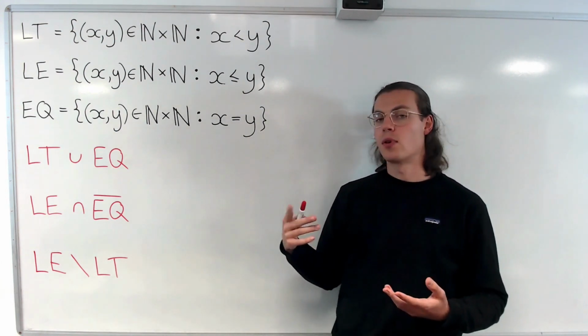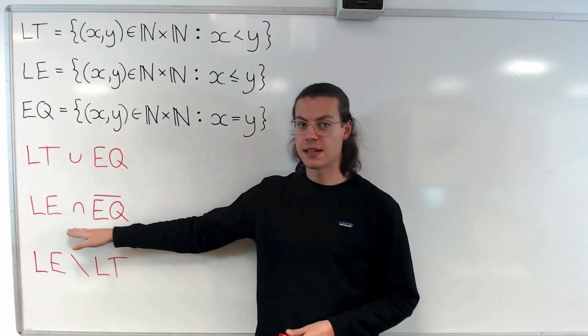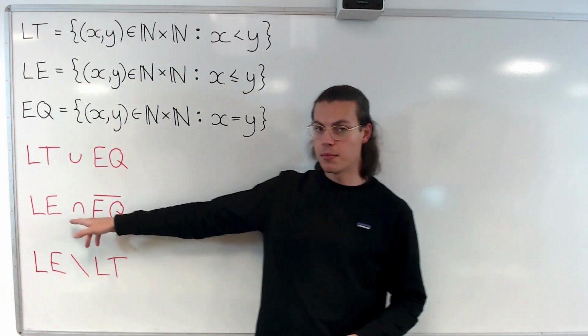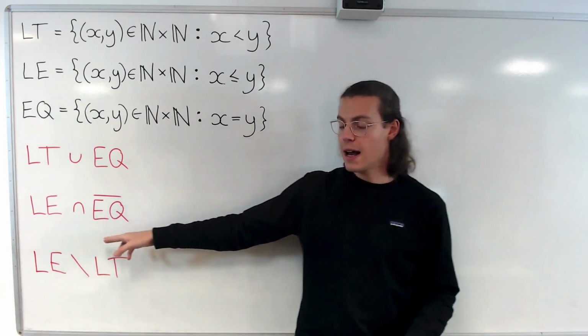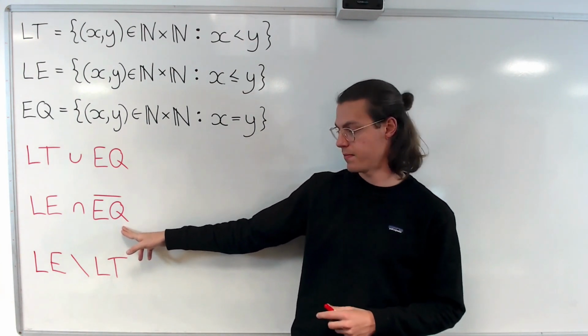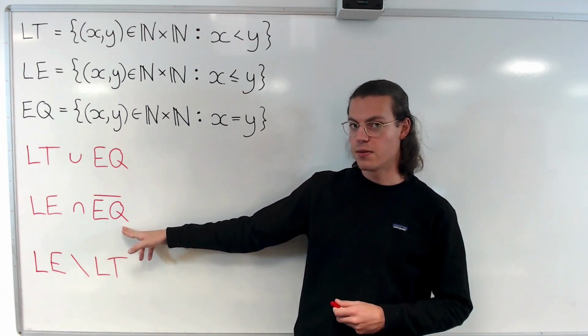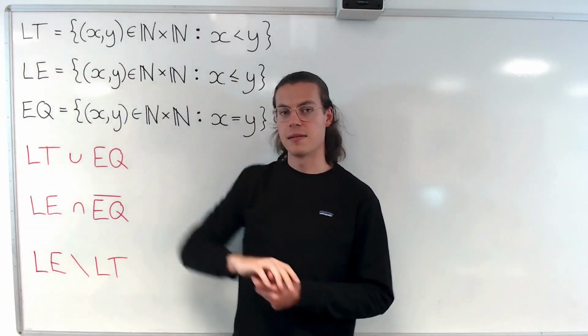In other words, for a pair XY to be in this intersection, X must be less than or equal to Y, and X must not be equal to Y. So this is in fact the less than relation, LT.